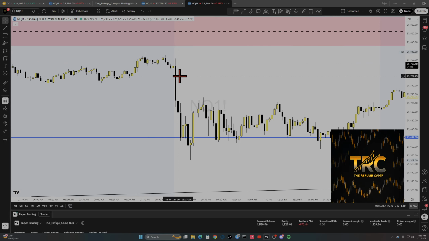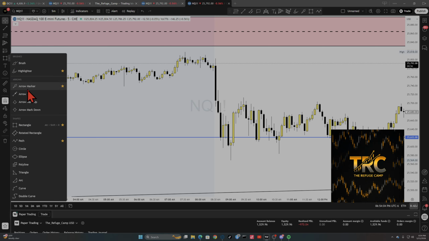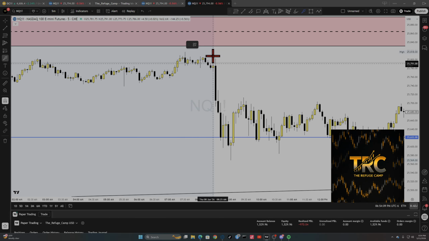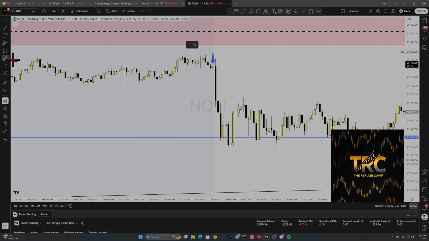What an imbalance is, if we look at 3 candles, this candle, this candle, and this candle, okay? Everybody see that? 1, 2, 3 candles, right? We've got the left side, the middle, and the right side.